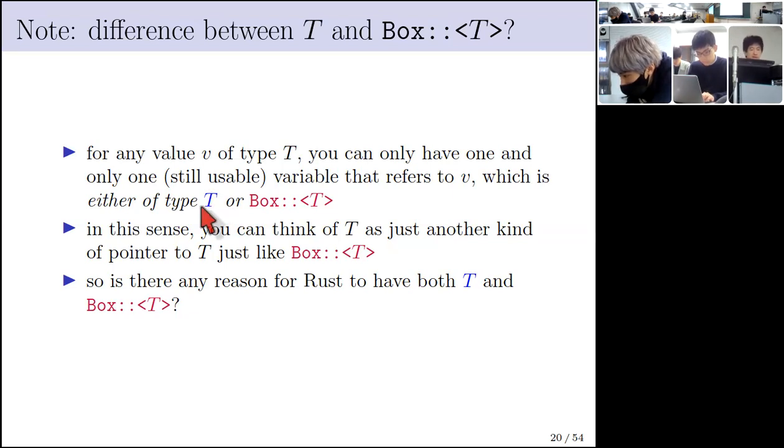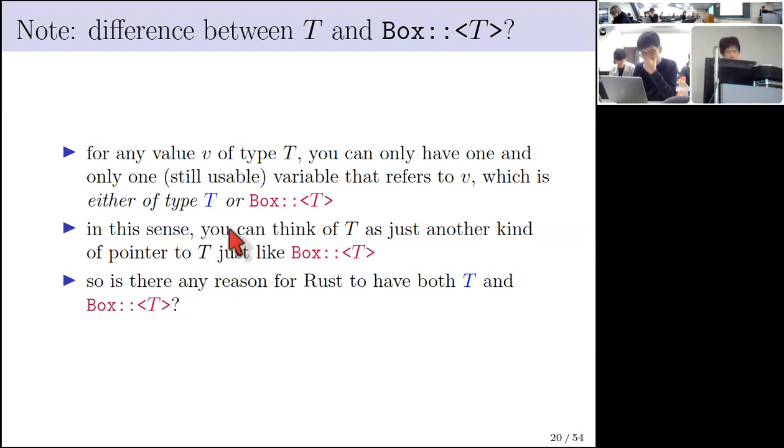Well, in that sense, T and box T are quite similar. You can think of T as just another kind of pointer to T, just like a box T. So there's no fundamental distinction between T and box T. So is there any reason for why the language has both T and box T?